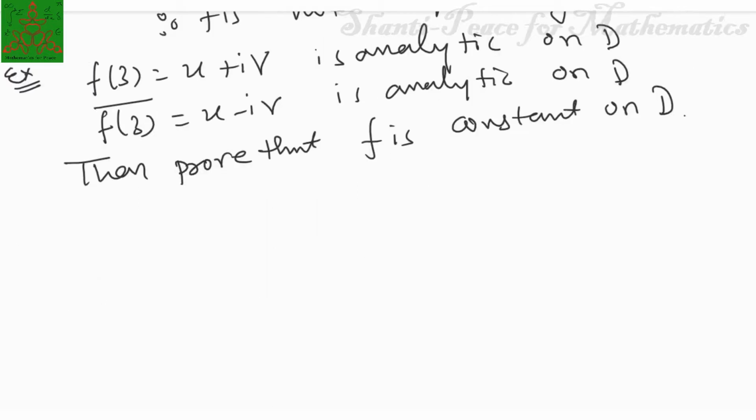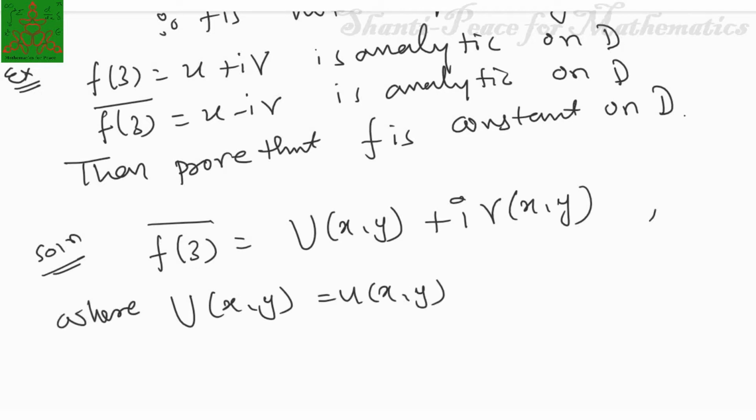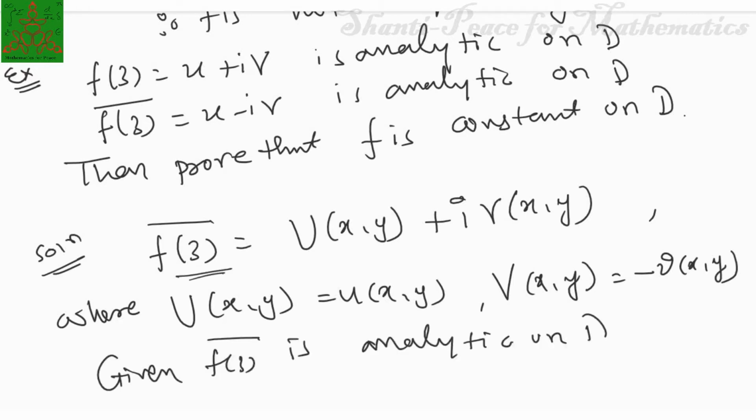So for that I am considering f of z bar as capital U of xy plus i capital V of xy. And what is capital U of xy here? Capital U of xy is small u of xy and capital V of xy is nothing but minus of small v of xy. Given that this function f bar is analytic on D, it has to satisfy the CR equations.